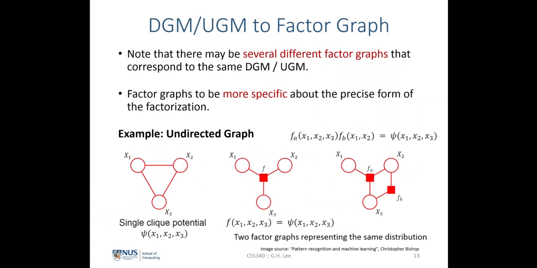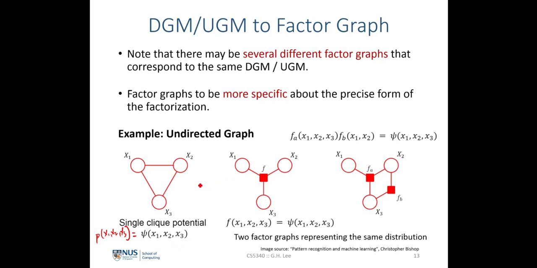Another example would be a conversion of an undirected graph into a factor graph. Suppose that we are given these three nodes, where it's a maximal clique where each pair of the nodes is linked to each other. In this case, following the Hammersley-Clifford theorem, the joint probability distribution over x1, x2, and x3 can be simply given by the potential of x1, x2, and x3.